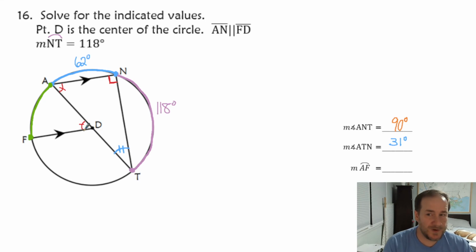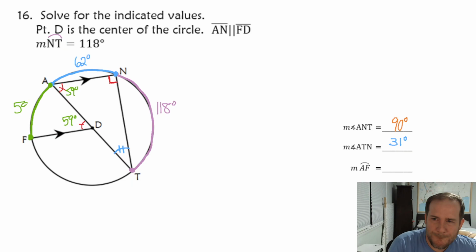And I just told you a minute ago that central angle is going to be congruent to this inscribed angle. And that inscribed angle cuts our lavender colored arc. So you know that inscribed angle is half of the 118. So it's 59. But then if that inscribed angle is 59, then the central angle is 59, because they have to be congruent because they're alternate interiors. That tells me that this arc is 59, because central angles are equal to the arcs they cut.